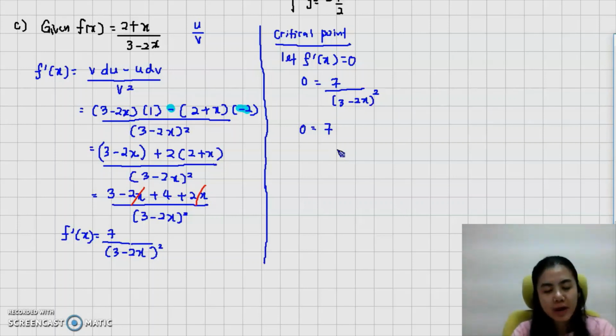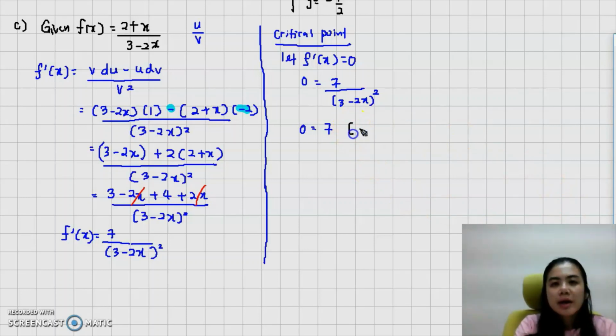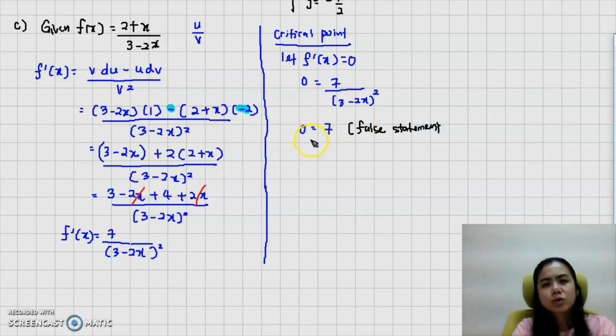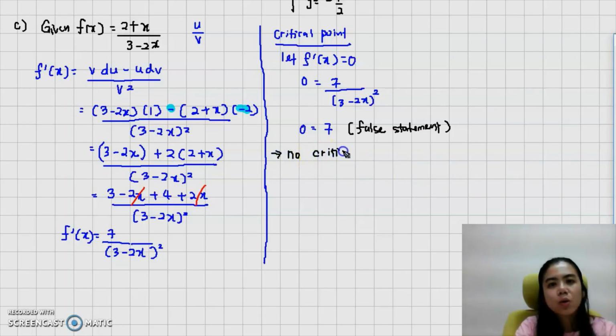It means that you have a case that we call a false statement. It is impossible to have 0 equal to any value, there is no way. So when you have a false statement, it means that you do not have a critical point.